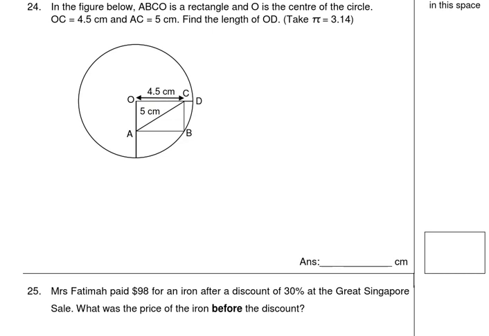Ernest, you sure? You're convinced OB is also 5 cm? Okay. Other than calling OB the diagonal of the rectangle, OB is also what of the circle? Radius of the circle, right? Correct? So you know that OB is actually 5 cm as well. You know the radius is 5 cm.